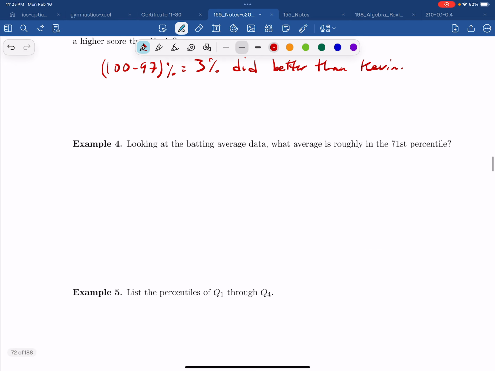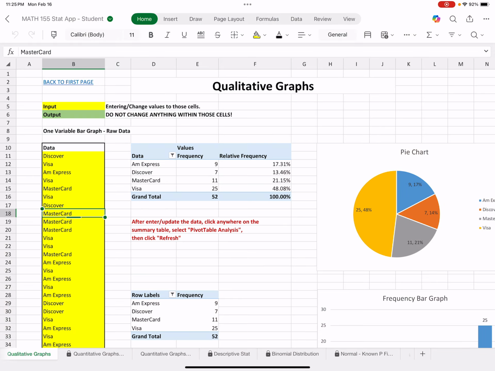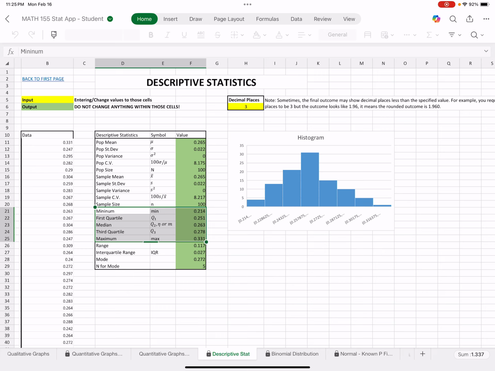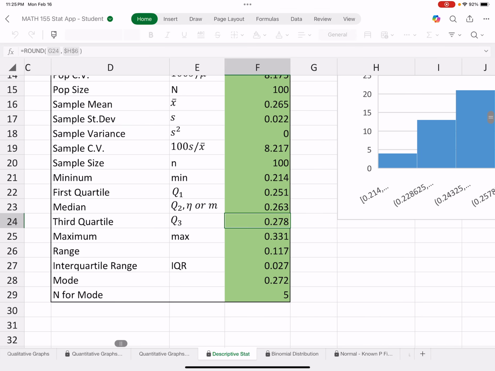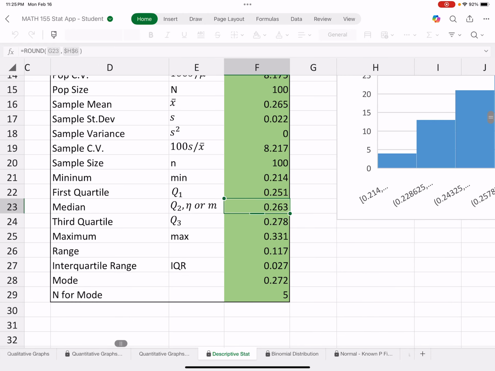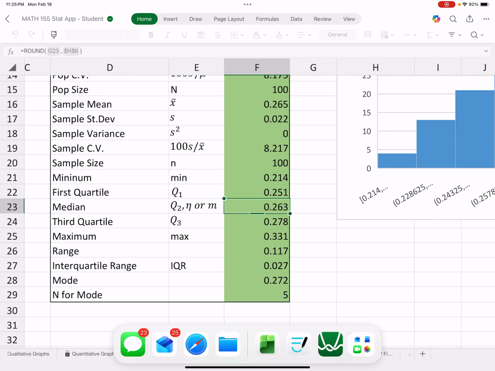All right. Now, looking at the batting average data, what average is roughly in the 71st percentile? We're just going to eyeball it. If we go to the descriptive stats, we can't really order these, but we can look at things and say, well, if the third quartile was 278 and the median was 263, then probably the 71st percentile is going to be close to 278.